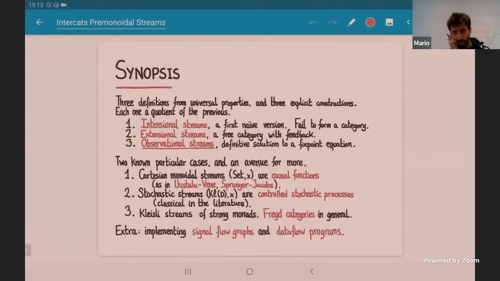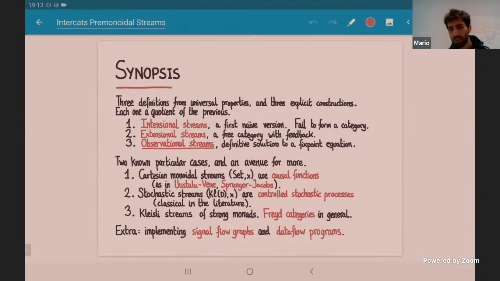So let me give you now a synopsis of what's in the paper and what's in this talk. In the paper, we go through three definitions of monoidal stream. We give all of them in terms of a universal property, but then we give some explicit construction for these universal properties.